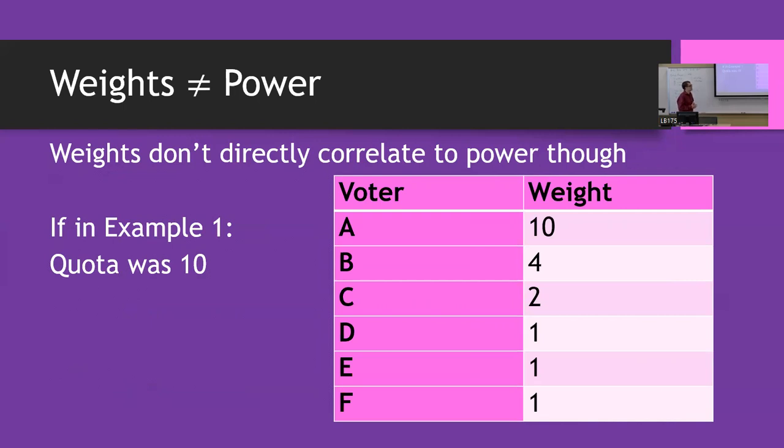But weights aren't exactly the same thing as power. Remember, the quota was 10, and A was a dictator in this system. So weights by themselves are not the same thing as power.